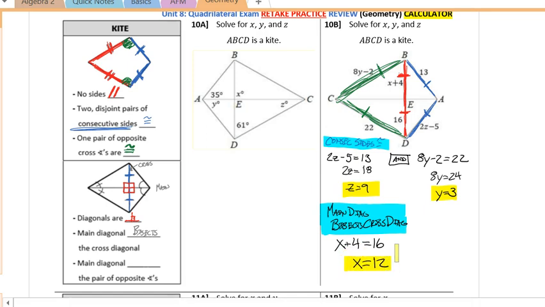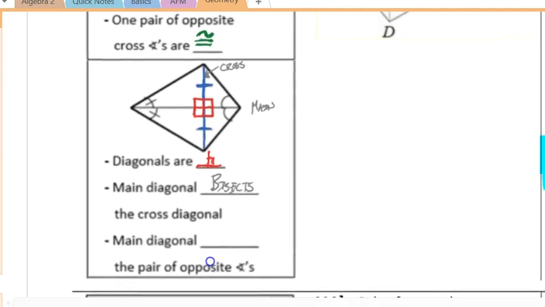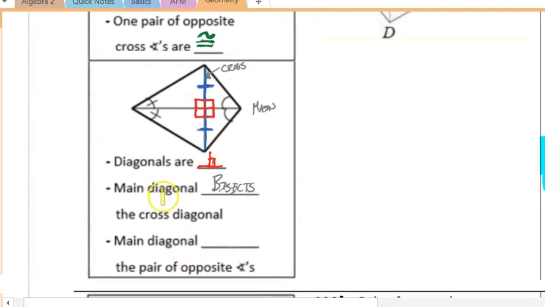Okay, the last set of properties that we see here, I'm going to relate with our first one, is they usually go hand in hand. So the diagonals are perpendicular, meaning they form 90 degrees. What also happens is this main diagonal bisects a pair of opposite angles.